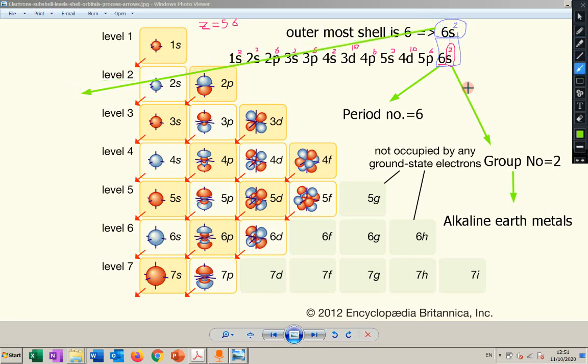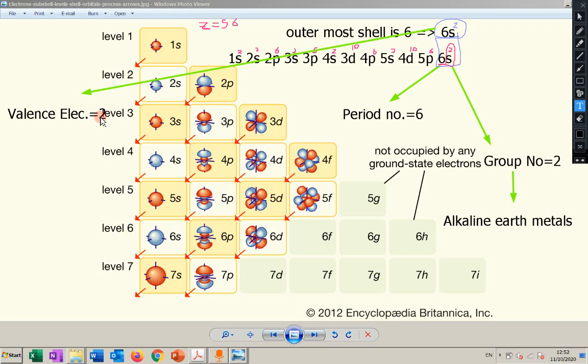So valence electron will be 2. I have 2 electrons at the outermost shell of this electron configuration. With these two, these elements most probably want to simply give them away. We'll come to the bonding type and understand this there.